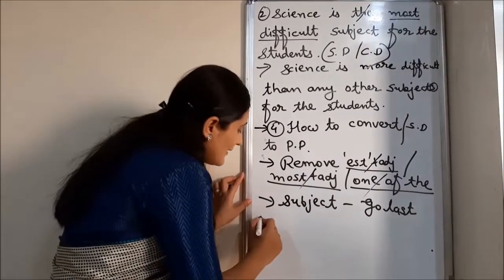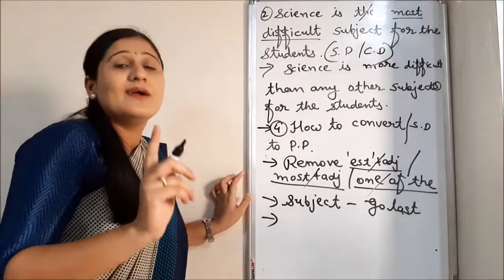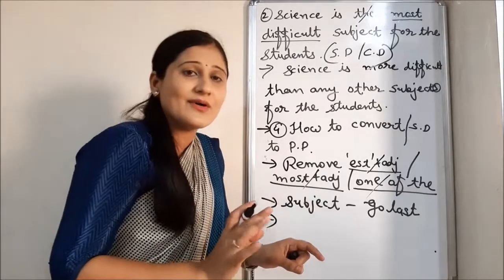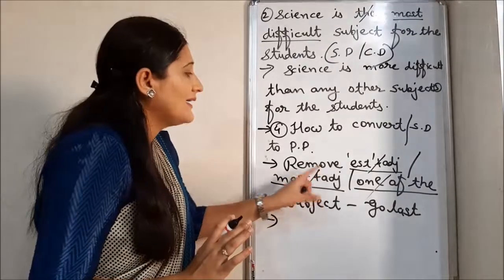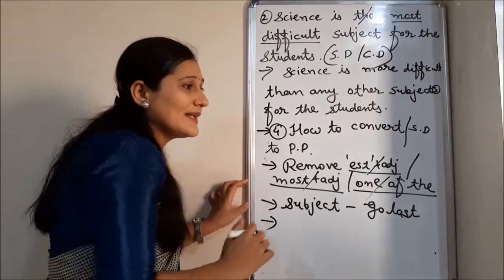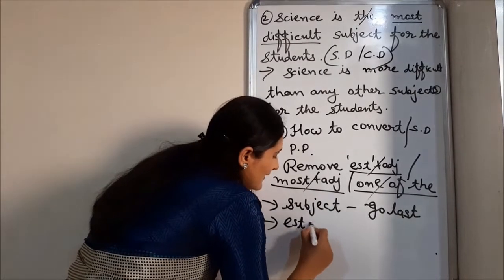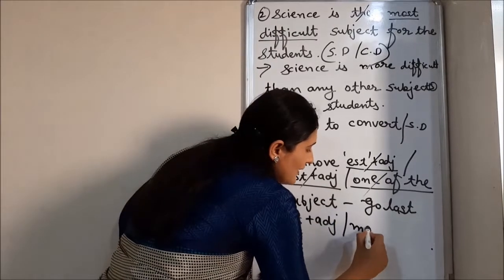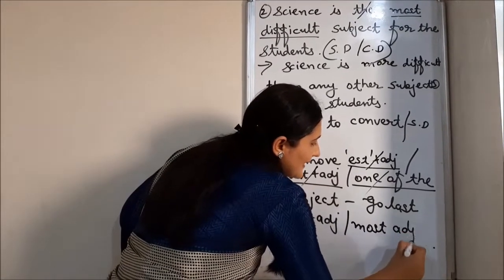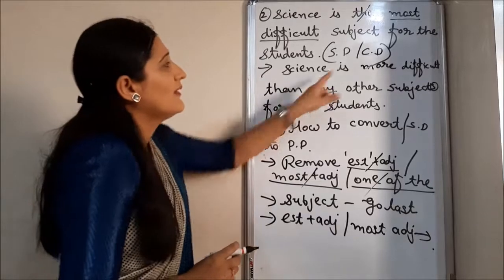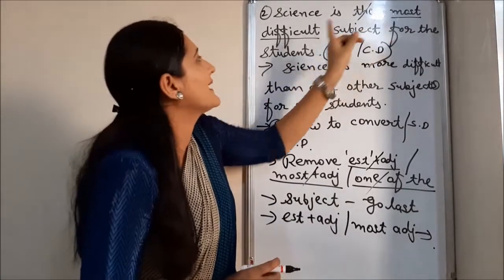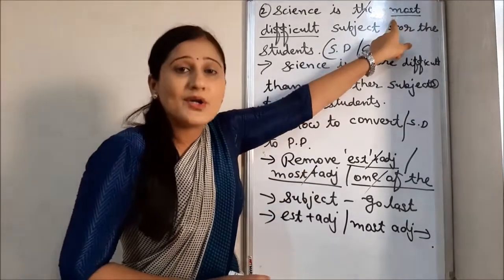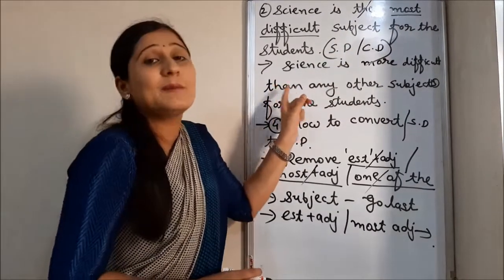Then the most important thing, if we are deleting any one of these 3, what to add, right? So if there is EST plus adjective or most plus adjective in the sentence, like in comparative, what we were doing there, most plus adjective, then we were writing then any other, and one of the given, then we were writing then many other.